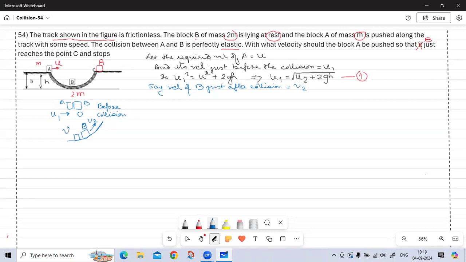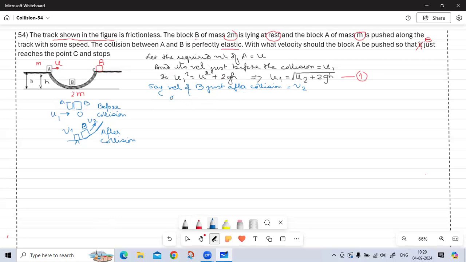Let's say its velocity is v1. This is block A, after collision. Say the velocity of B just after collision is v2.